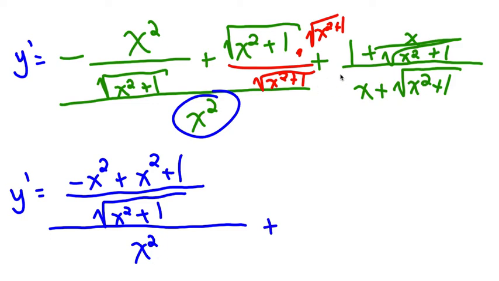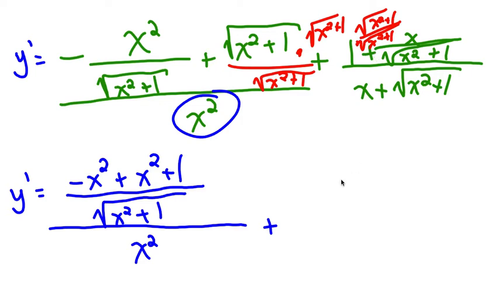We can do a similar thing over here. Multiply this one, because we're trying to get x squared times the square root of x squared plus 1 over here as a common denominator. So I'm going to multiply this again by square root of x squared plus 1 over square root of x squared plus 1.